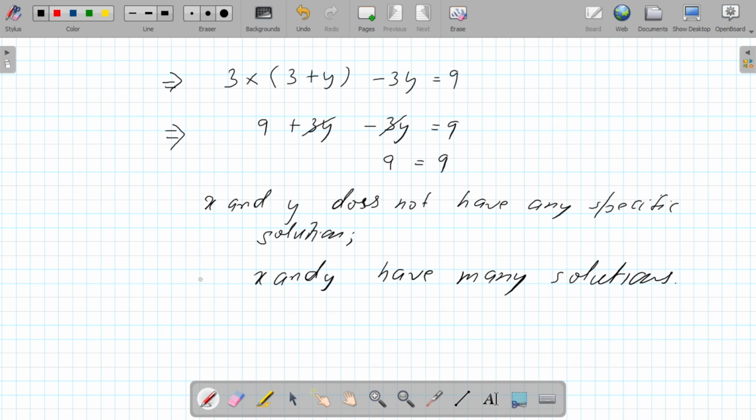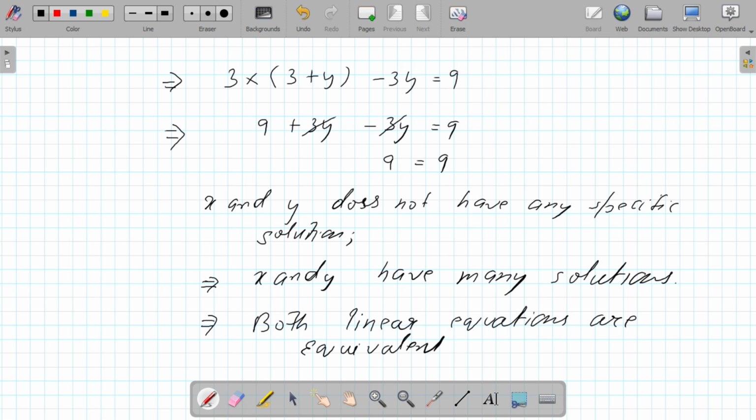We can also write this, okay, both linear equations are equivalent to each other.